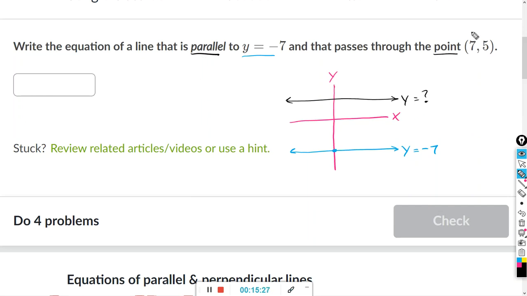And what's the y coordinate? This is x, and this is y. So y equals 5. That's it. If the original line is y equals some number, the parallel line is also going to be y equals some number. You just look at the point that it passes through, y equals 5.